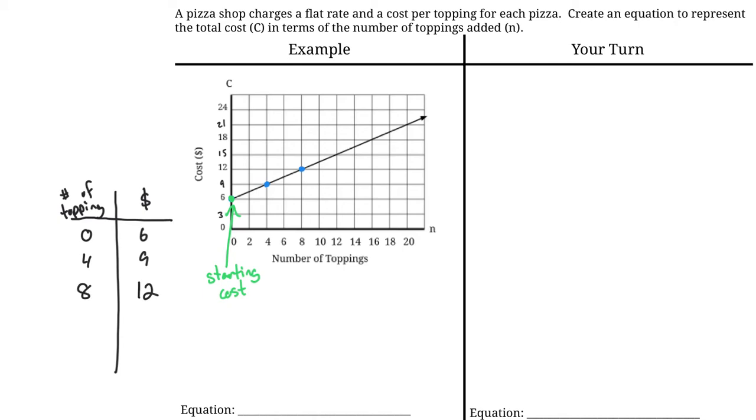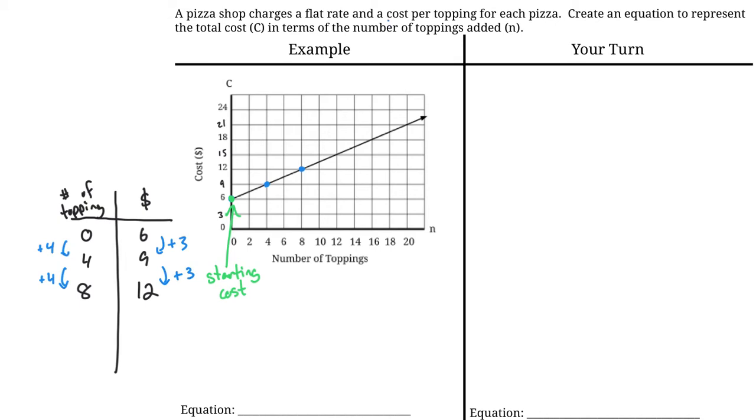And we only really need 2 or maybe 3 points to make sure we did it correctly. So let's actually find our rate of change. Our number of toppings are all going up by 4. And the cost is all going up by $3.